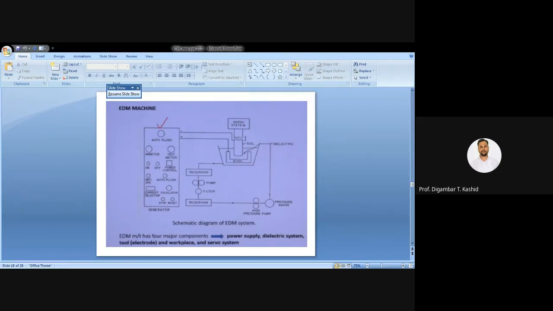The second method is suction through the workpiece. You can supply the dielectric fluid from the outside and suck it through your workpiece.